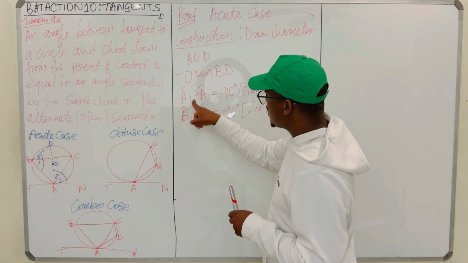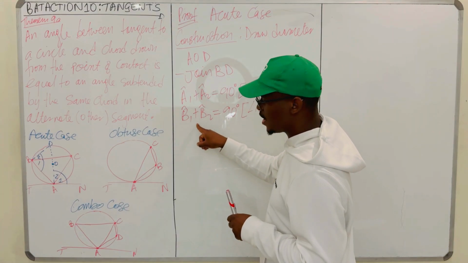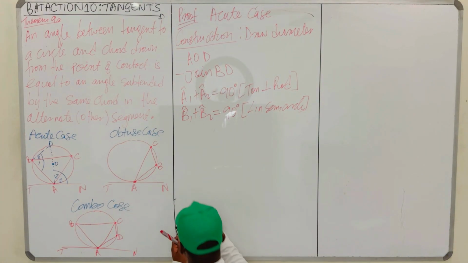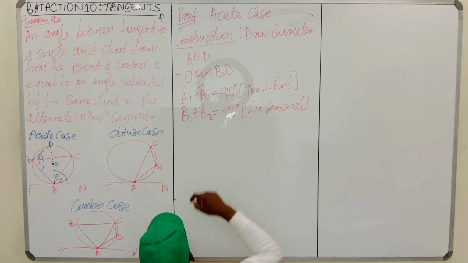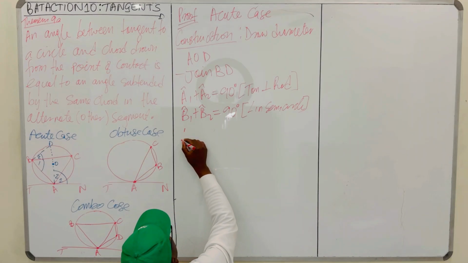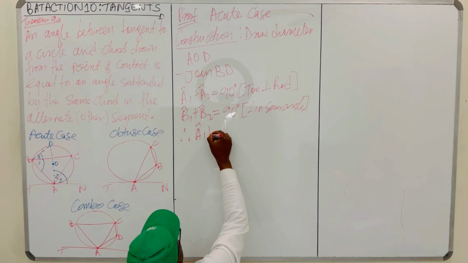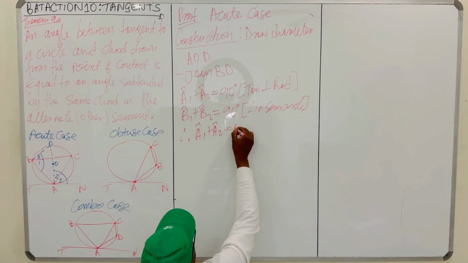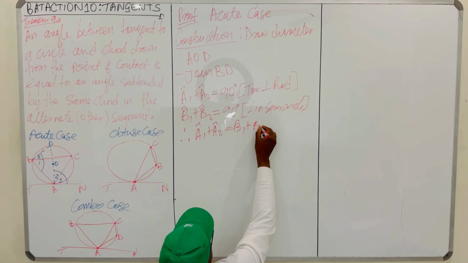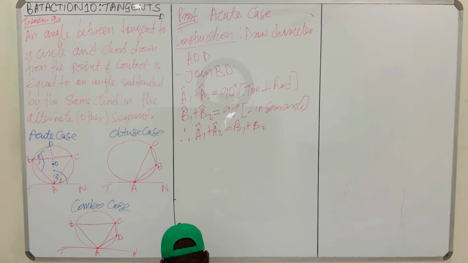So A1 plus A2 should be equal to B1 plus B2. Since the right hand sides of these two are equal, so are the left hand sides. So it's A1 plus A2 equal to B1 plus B2. Right? No problem.